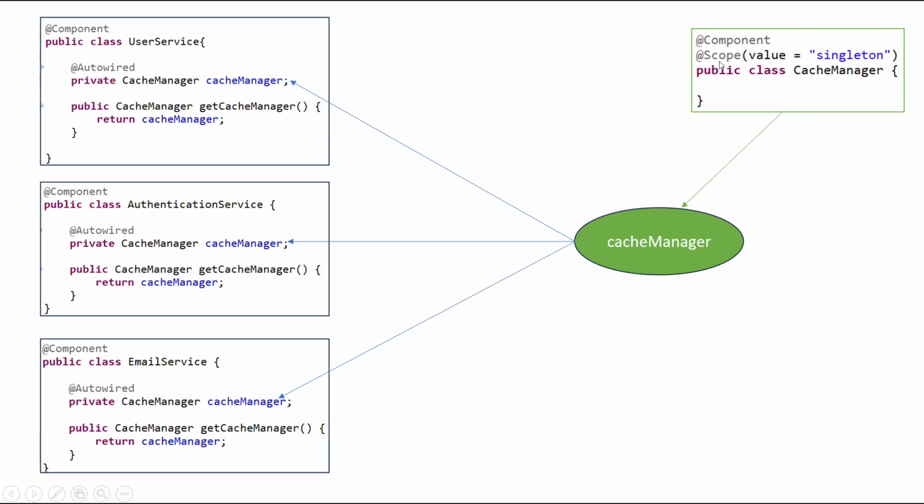If I don't define it as a singleton, by default it is singleton only anyway. So the Spring container will create one cache manager object and inject the same object into these 3 classes, because I defined it as singleton. This is what we need to understand.